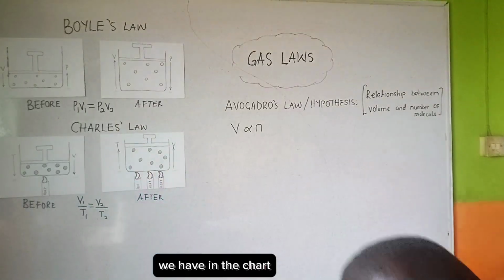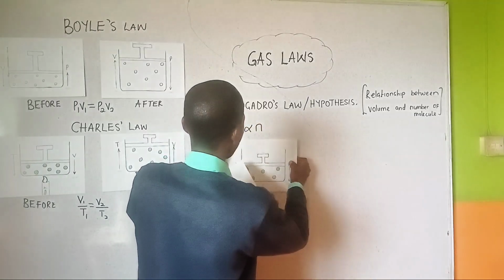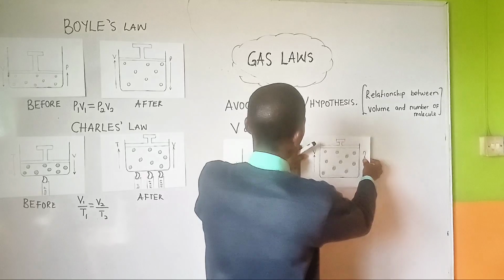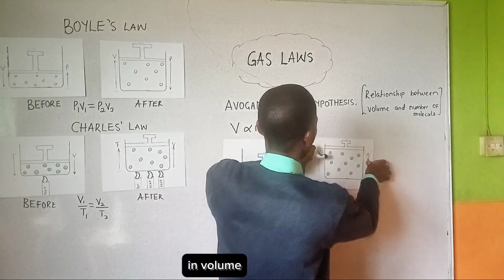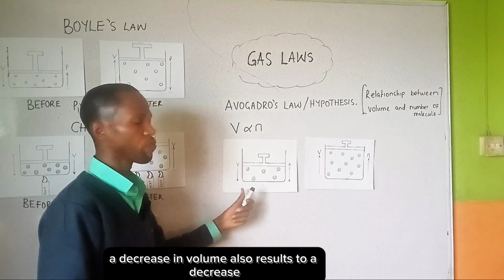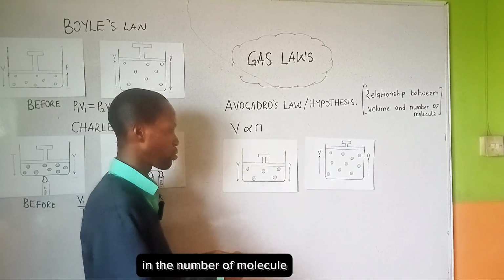From this chart, we can see that an increase in volume results in an increase in the number of molecules. A decrease in volume also results in a decrease in the number of molecules.